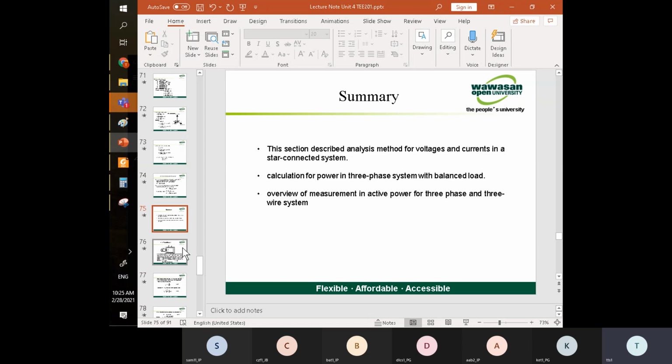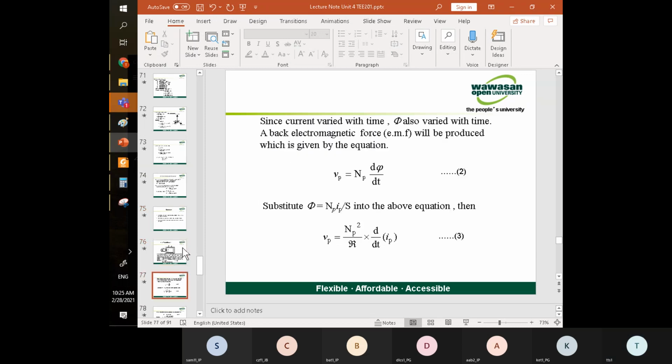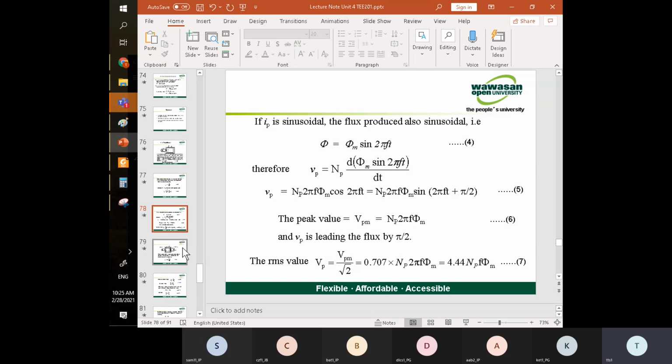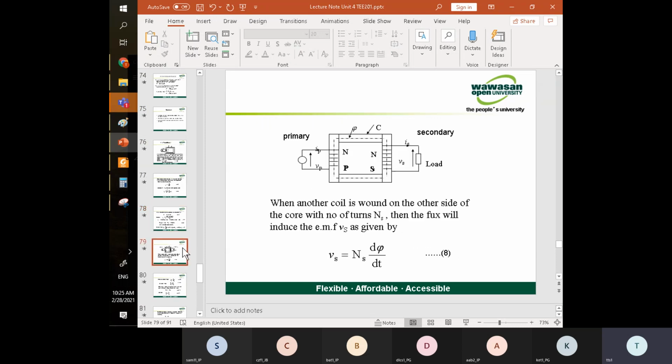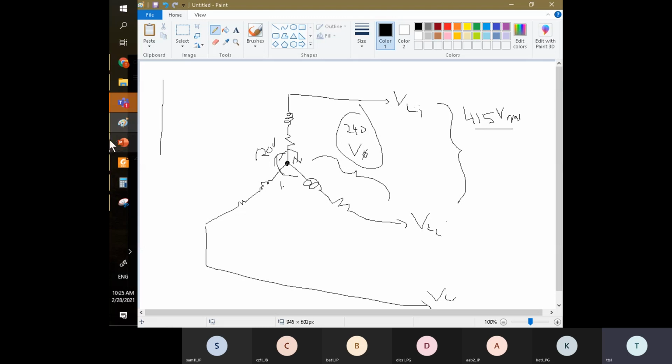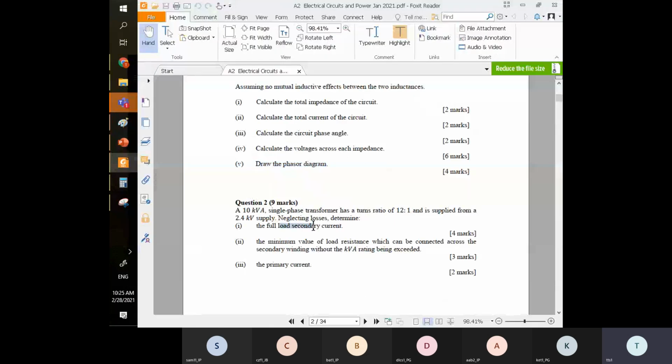But we are focused on the transformer. When it comes to this transformer, the question is actually quite straightforward. Let me look at the question again. It asks you to find the secondary current, and to find the minimum value of load resistance, because this transformer supplies a maximum power of 10 kVA, the so-called complex or apparent power.